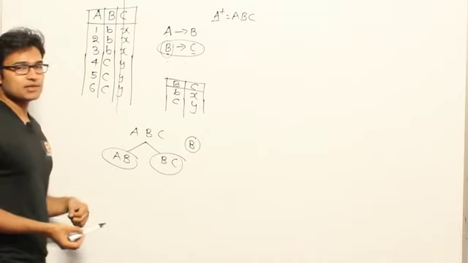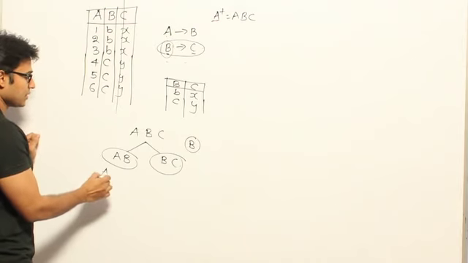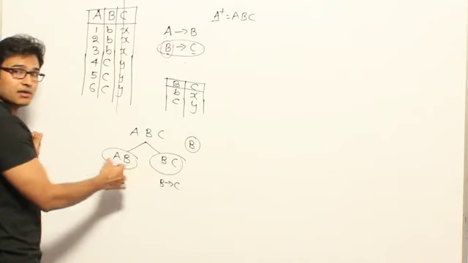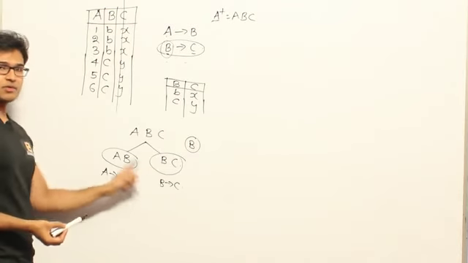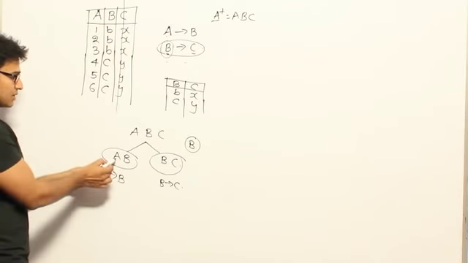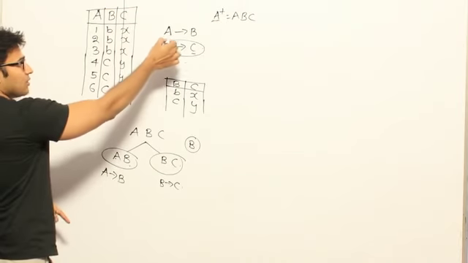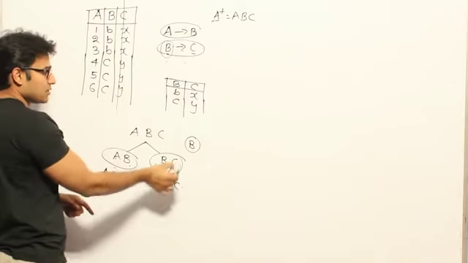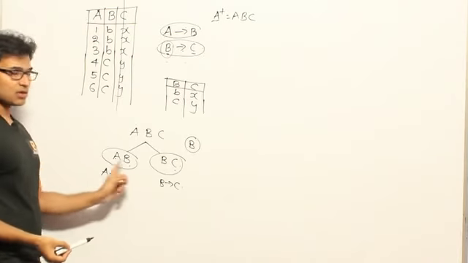And what about dependency preservation? If you see this, A determines B and B determines C are applicable here, right? Therefore, dependencies are also preserved. So this table has A determines B, so you can apply this dependency on this table and you can apply the other dependency on this table. Therefore dependencies are also preserved.